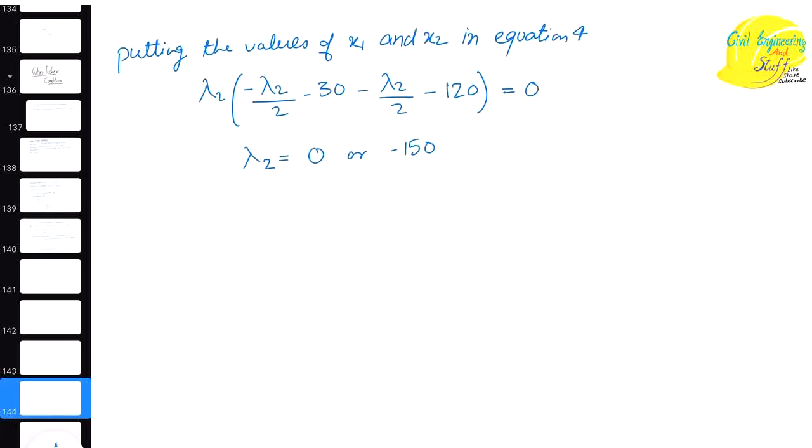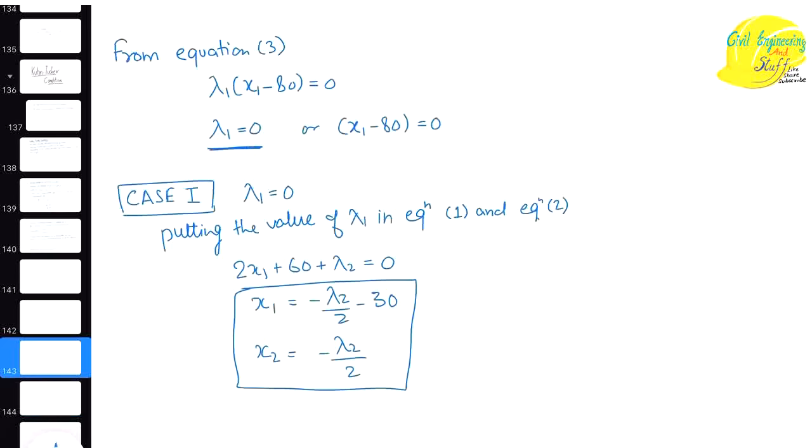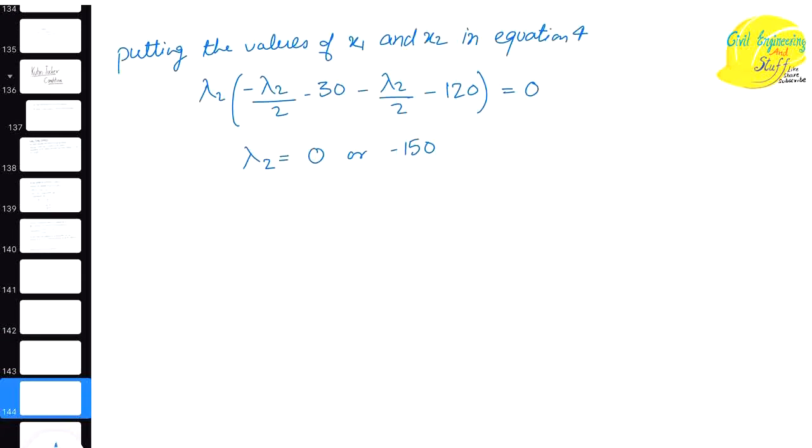If lambda 1 equal to 0 and lambda 2 equal to 0 give values of x1 and x2 that satisfy equation number 1 to equation number 8, then all good, we need not take minus 150. If they do not satisfy, we'll check for minus 150 also. So first of all, let us consider lambda 2 equal to 0. Automatically lambda 1 is 0, right?